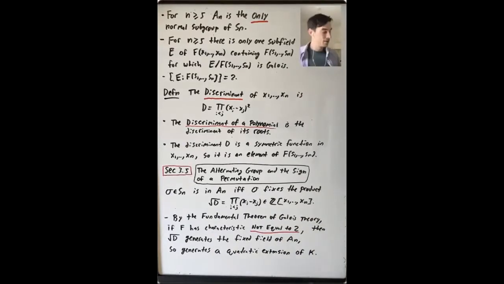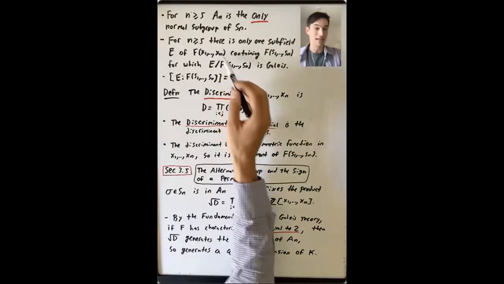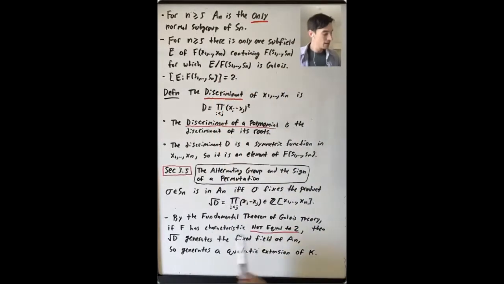Okay, so by the fundamental theorem of Galois theory, applied to this extension, if F has characteristic not equal to 2, then this element, square root of D, is fixed by everything in An and not fixed by things not in An.